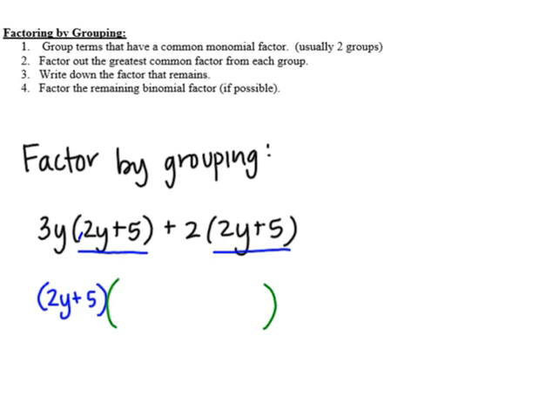When I take a 2y plus 5 out of this first one, what's left behind is 3y. When I take a 2y plus 5 out of the second one, what's left behind is a 2. So my answer would be 2y plus 5 times 3y plus 2. But this one's halfway done for us already. Let's start with some from scratch.